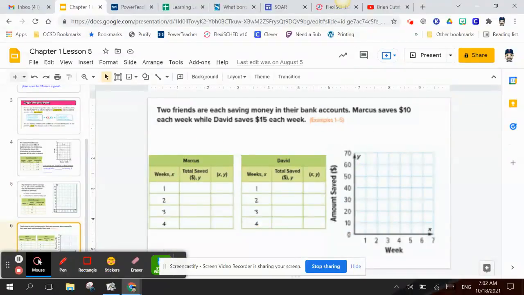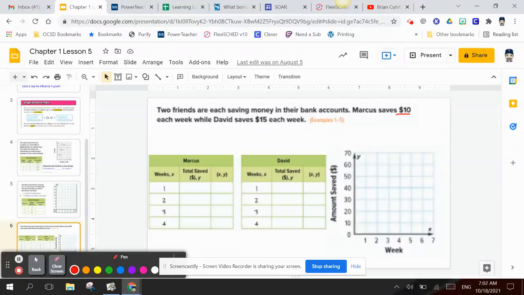And our last example says 2 friends are each saving money in their bank accounts. Marcus saves $10 each week while David saves $15 each week. We have to graph their data together. So we have Marcus. It says that he saves $10 each week.